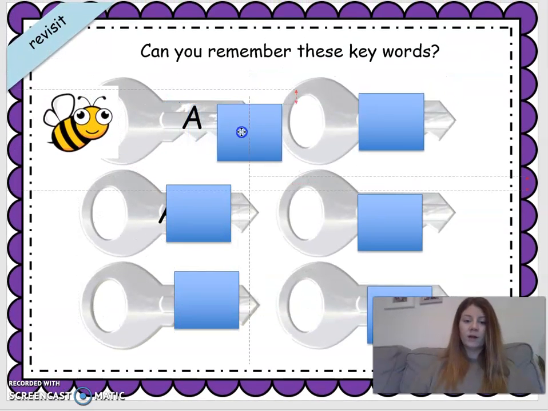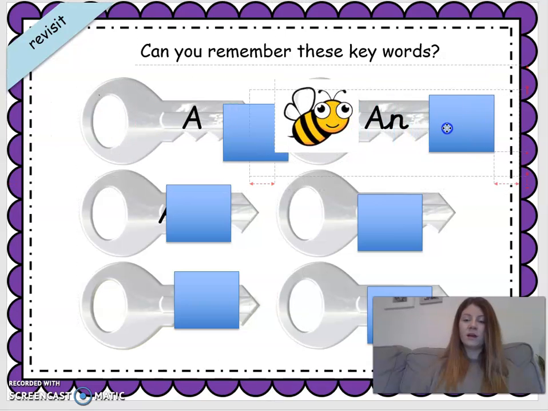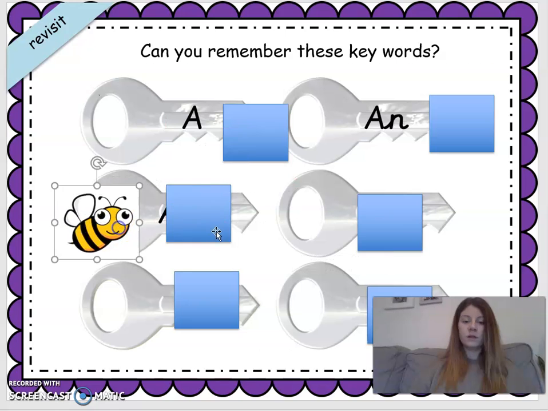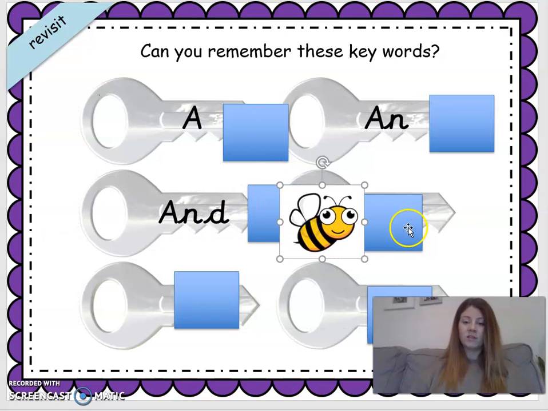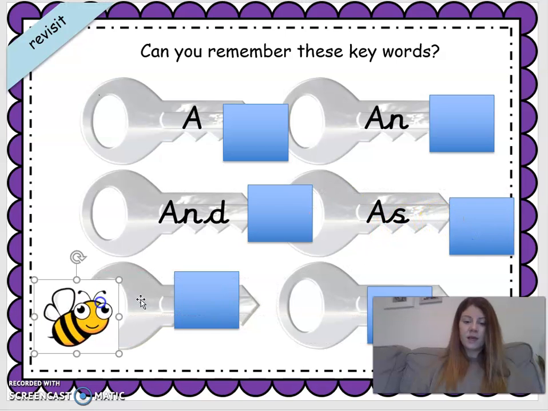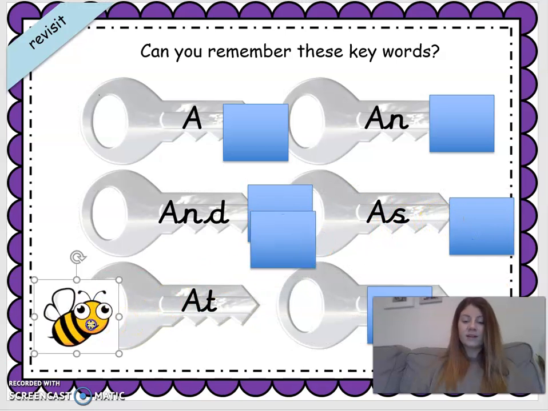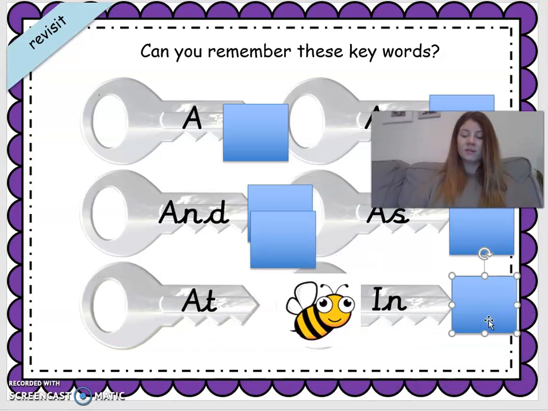So we've got the keyword a, the keyword an, and. Okay, so these two are very similar, but this one's got the d at the end, and that's in stories a lot. As, and we've got at, and last one, in. Did you get that one right? This one's very tricky, it always catches us out, doesn't it?